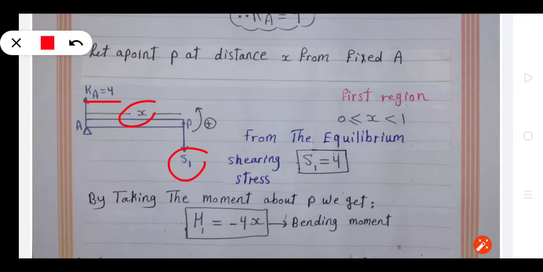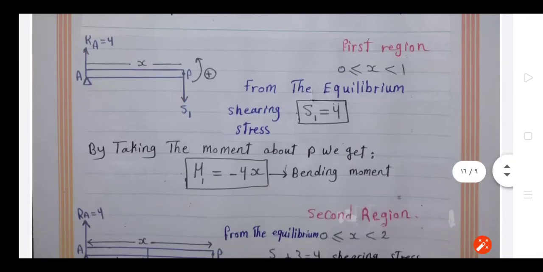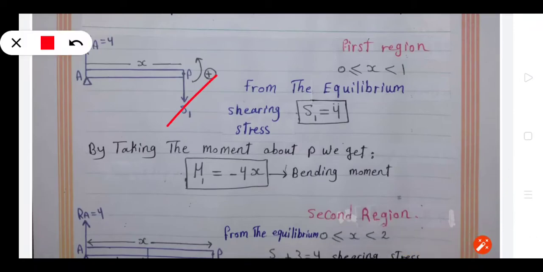First, studying the equilibrium of this part: S1 equals 4. Then to find M1, we take a moment about point B. We can cancel S1, and 4 is clockwise, so it equals negative 4 times the distance x. Then M1 equals negative 4x. Then we have S1 and M1.